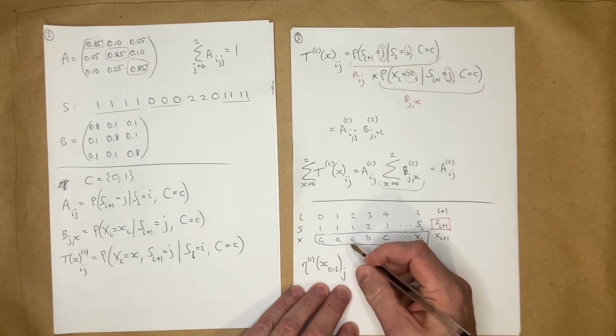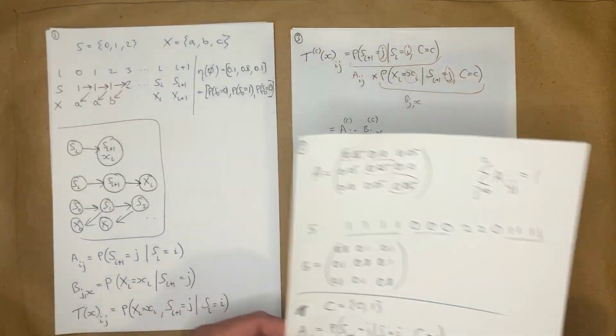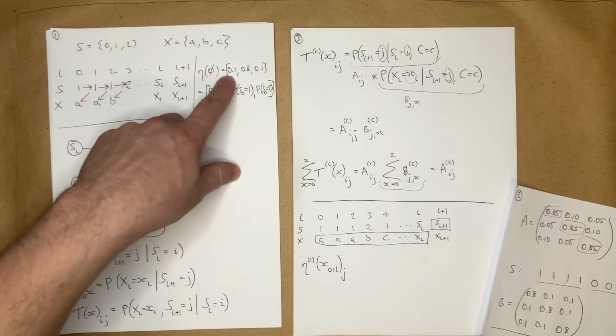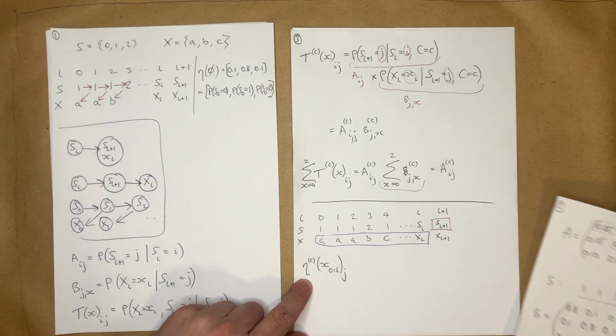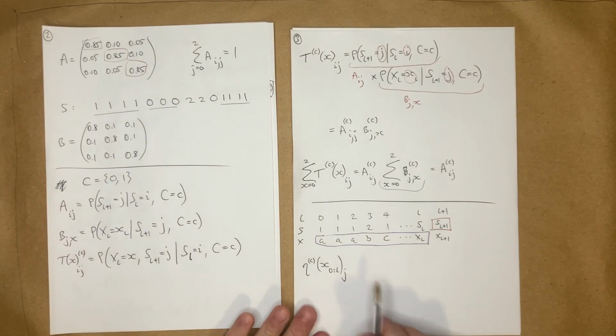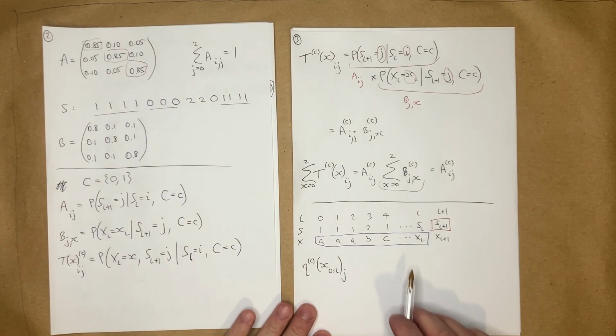And just like the prior probability vector, it has an index j because it's a vector, a probability mass function over the hidden state. But it's now conditioned on these tokens, which are the data that we've used to inform that prediction.